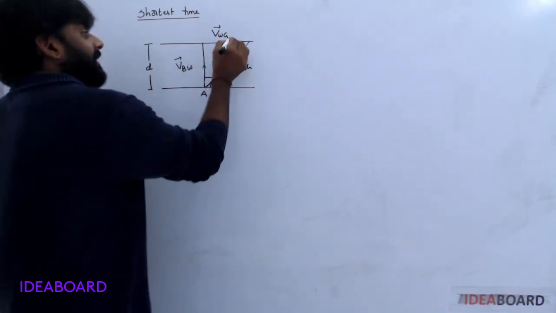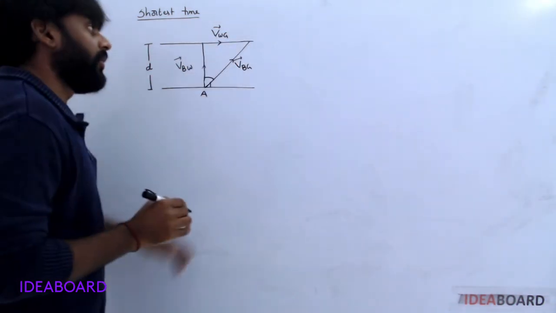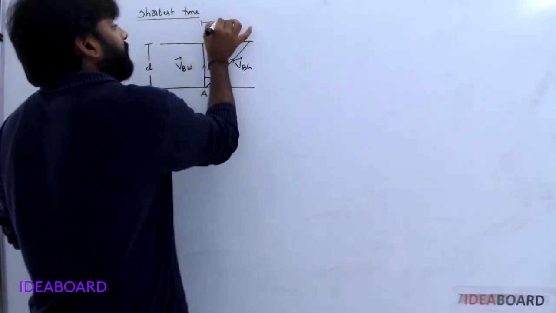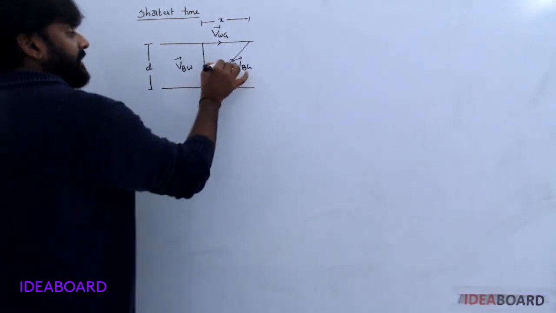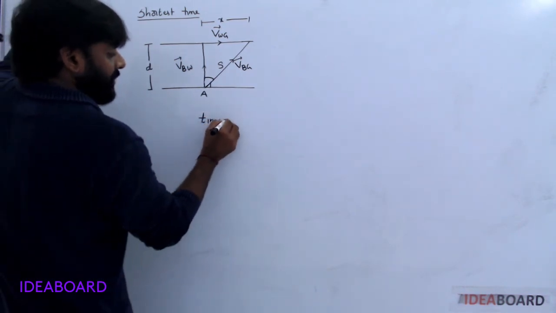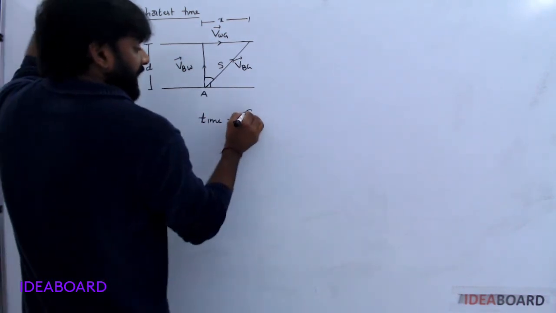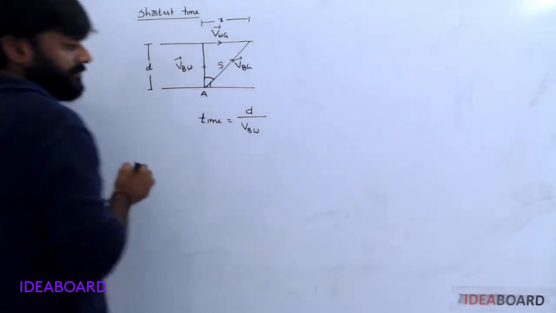Now it is d. Here, due to water flow, the person drifted. In this case, time is equal to traveling distance d by boat with respect to water.